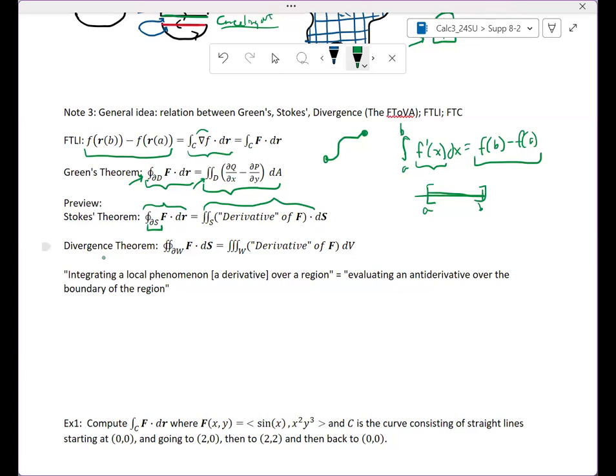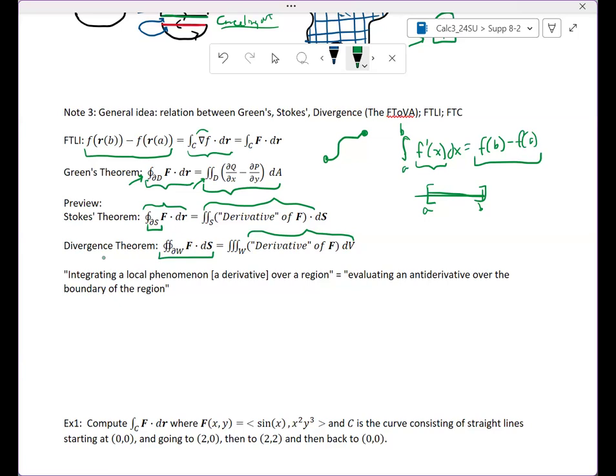And the divergence theorem says actually something similar as well. If we take a triple integral of a derivative of f, in this case, it's what we call the divergence of f. That's another type of derivative of f. If I take the triple integral of that, quote, derivative, that's equivalent to a double integral.